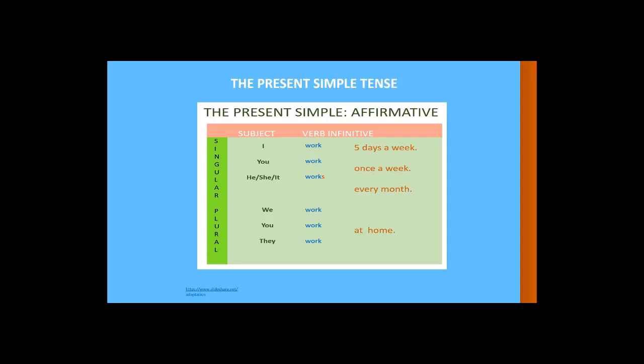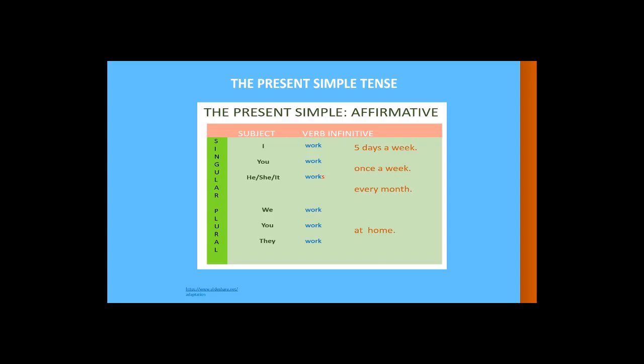And this is very important when we're thinking about the present simple tense, because if we then go to the next word, which is the infinitive verb, we can see that where we have the third person singular, the verb has changed.